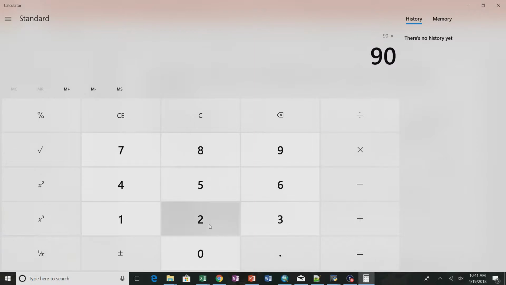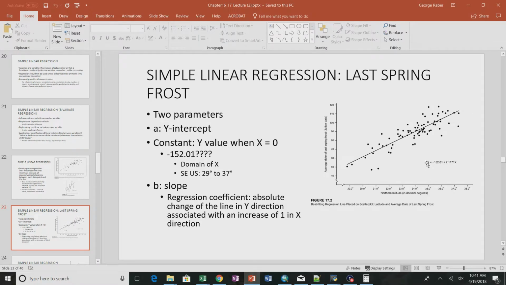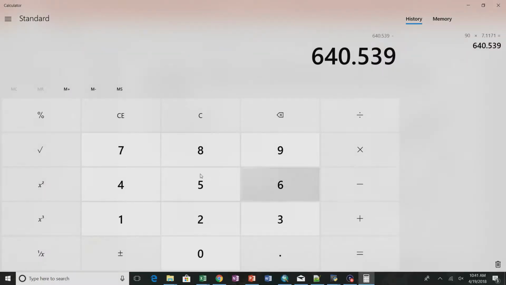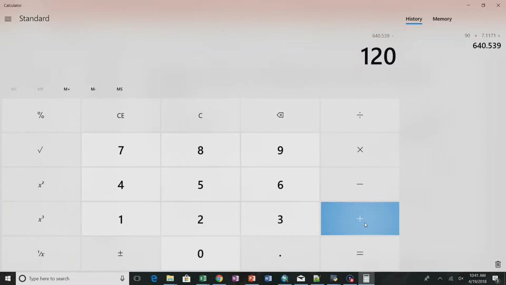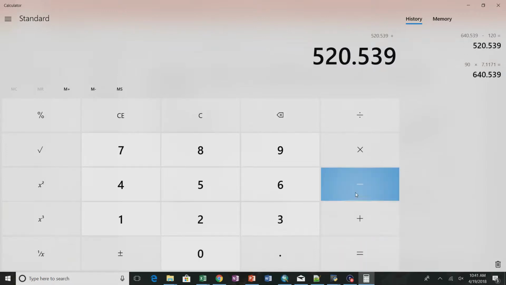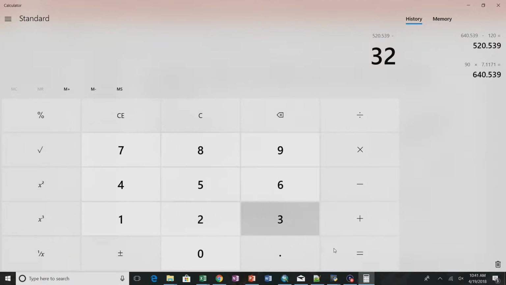So 90 times 7.1171. Okay, and then we need to subtract 152. Sorry, minus another 30, because I messed up. Okay. So that'll happen on the 488th day of the year.